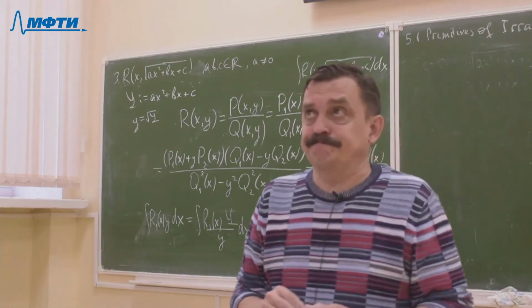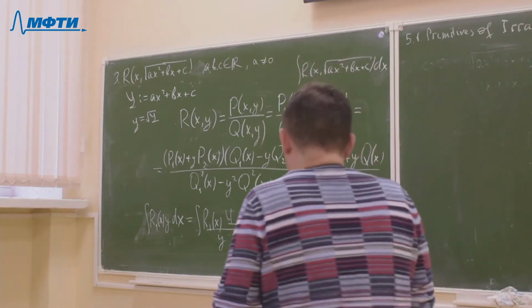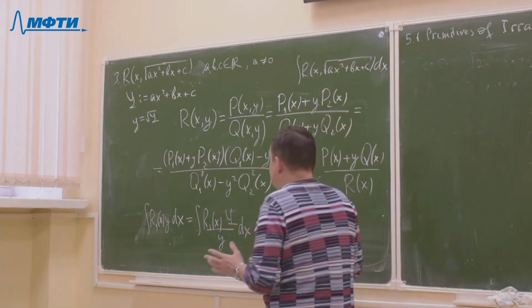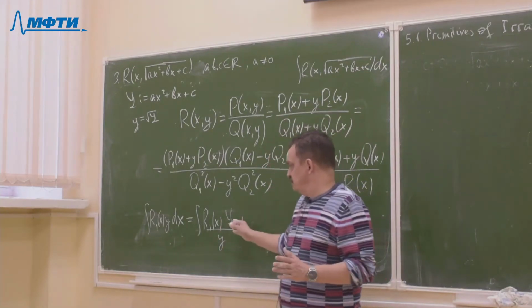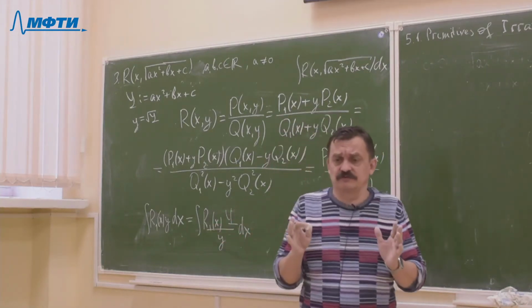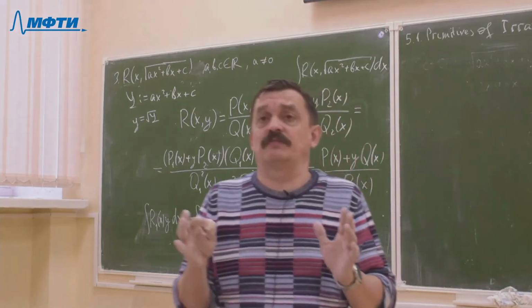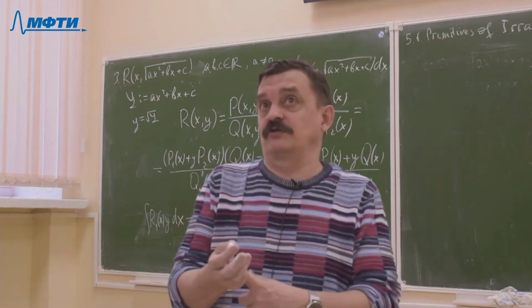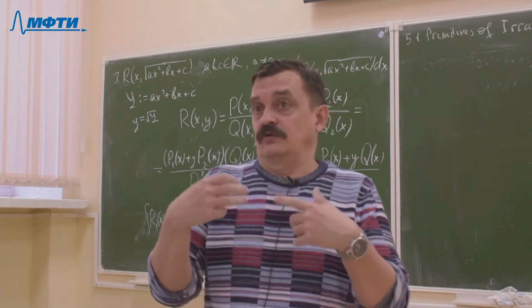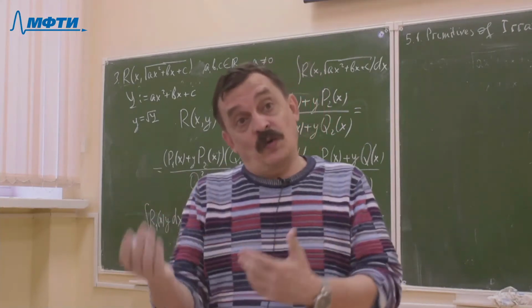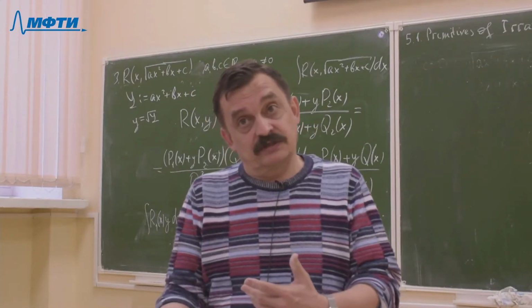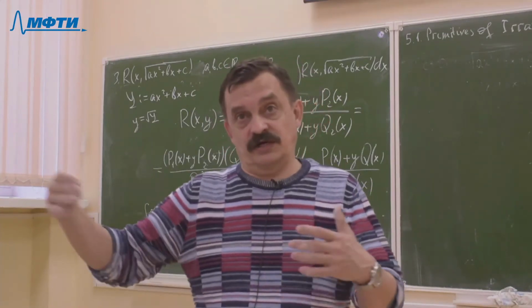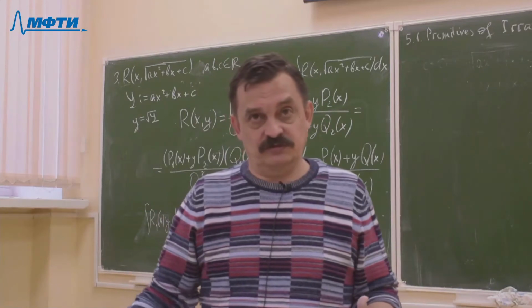And okay, there are general methods. Once we have a rational function, we know about partial fraction decomposition, right? First of all, we need to obtain a proper rational function, and after that, write the partial fraction decomposition.